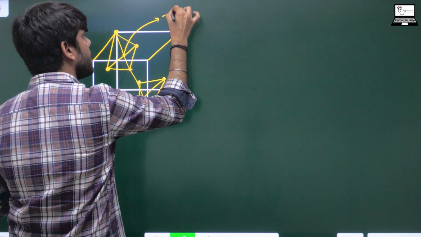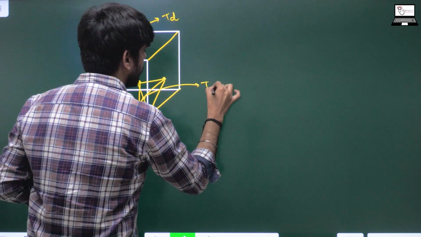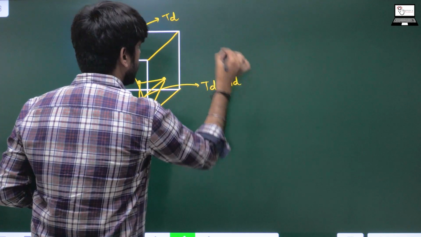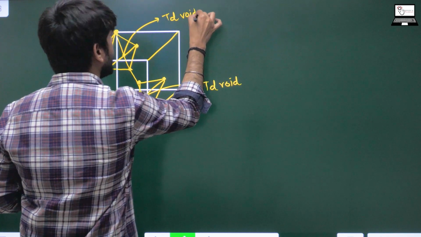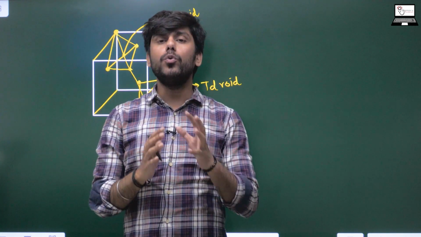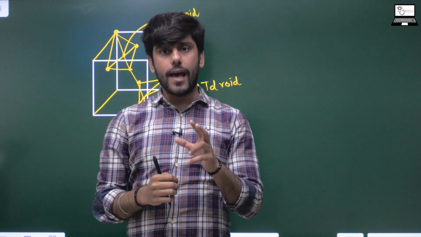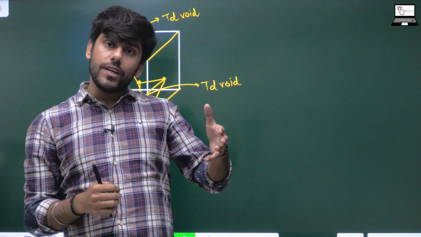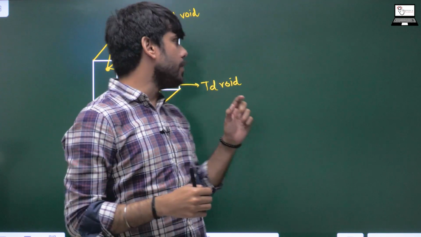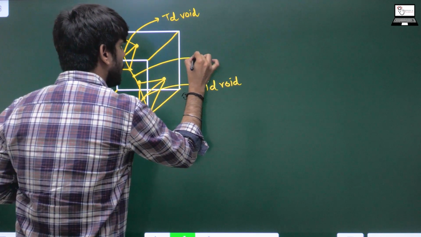This is my tetrahedral void. These are my tetrahedral voids. Now, on each body diagonal of a cube, I have 2 tetrahedral voids. Since there are 4 body diagonals, I have 8 tetrahedral voids. And this is the center of the body diagonal.